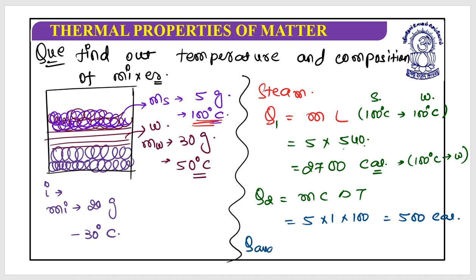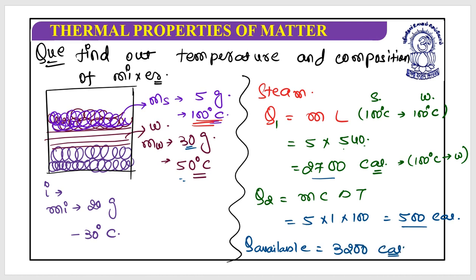So Q available by steam only, I have not touched the water yet, is 2700 plus 500, that is 3200 calorie.